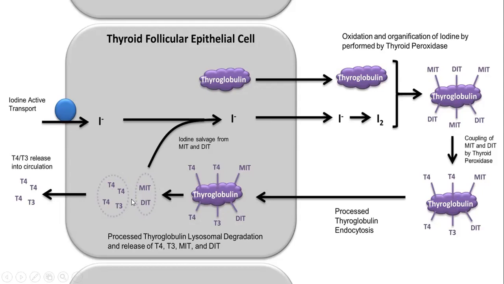T4 and T3 are transported out of the follicular epithelial cells and released into the circulation. The iodine atoms from MIT and DIT are salvaged and transported back into the follicular lumen as free iodide ion. So we recycle the iodide residue not coupled with tyrosine.